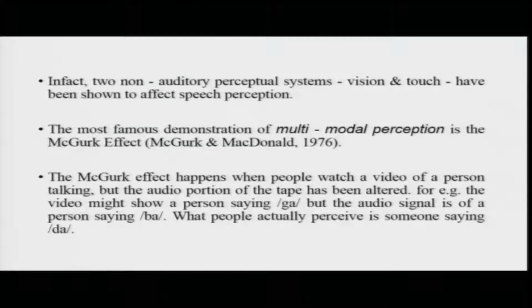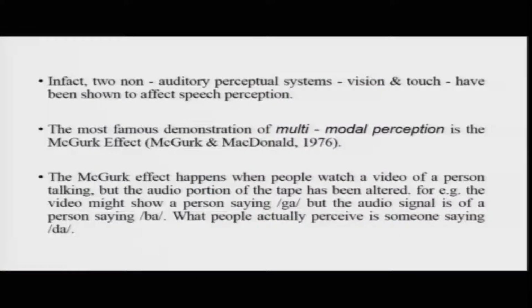So what happens? The two non-auditory perceptual systems, vision and touch, have also been shown to affect speech perception because they tell us some information about the gesture that might have gone in. The famous demonstration of this is the McGurk effect, as I was saying, and the McGurk effect falls into this category of multimodal perception.